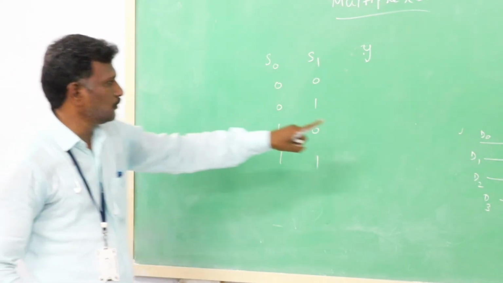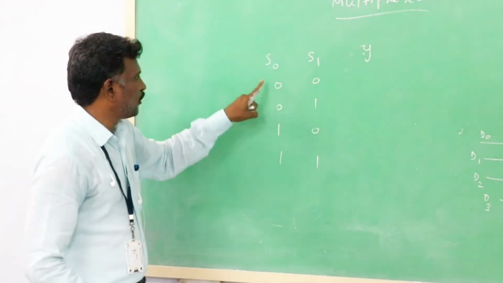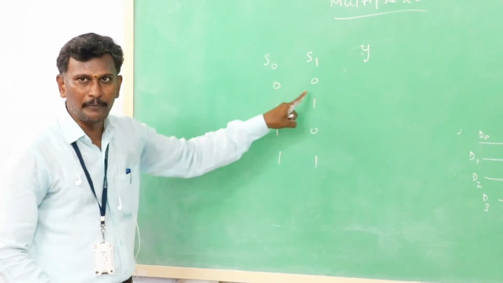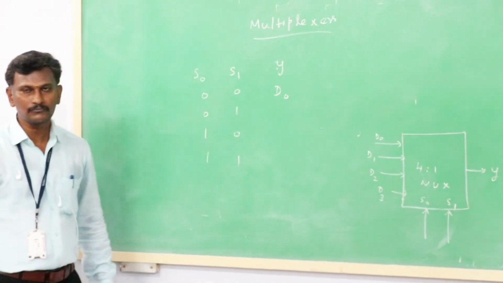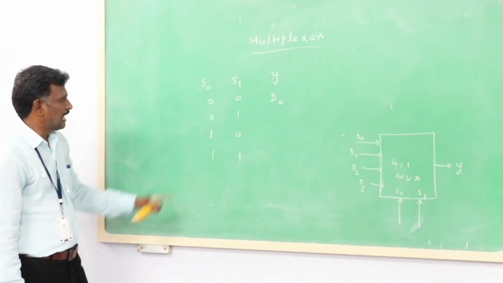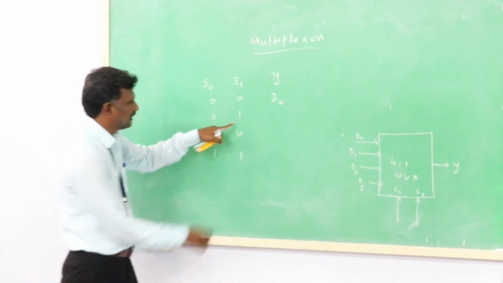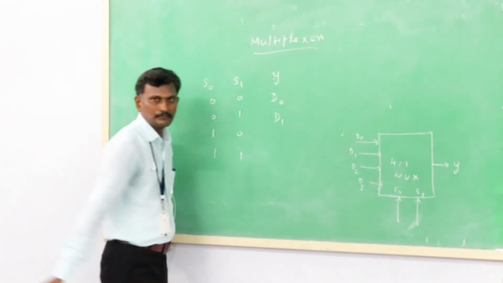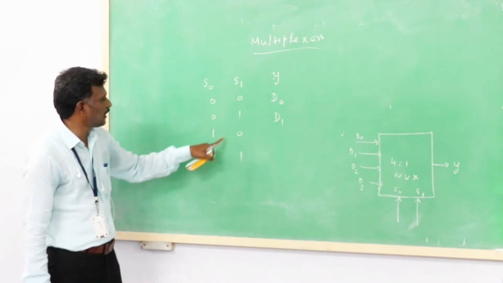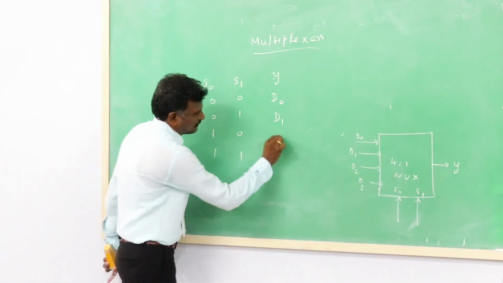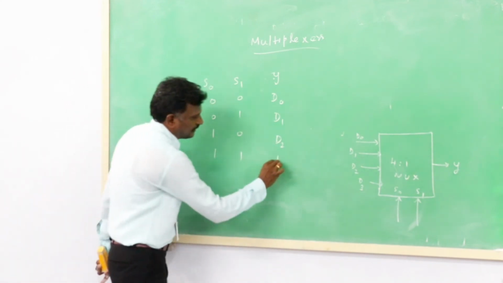Suppose we take D0, D1, D2, D3. For S0, S1 equal to 0 0, the first data input D0 will be selected. Again 0 1, S0 low, S1 high, D1 is selected. For S0 1, S1 0, D2 is selected. Again S0 1, S1 1, D3 is selected.